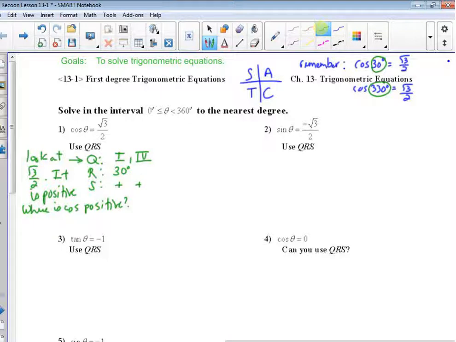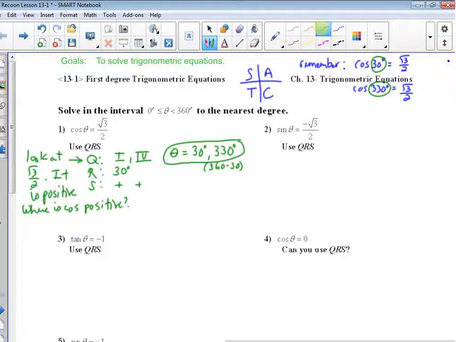So I'm going to say that theta can be 30 degrees and 360 minus 30 degrees, or 330 degrees. And we know that that's true. You could check it out on your calculator and it would give you the same exact decimal. That's 0.866.